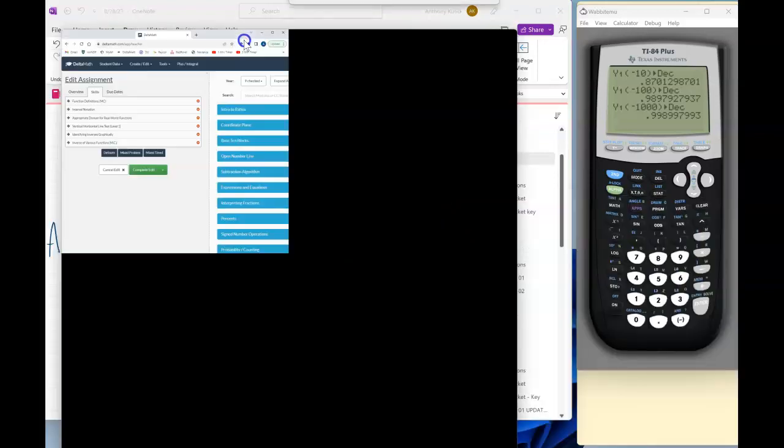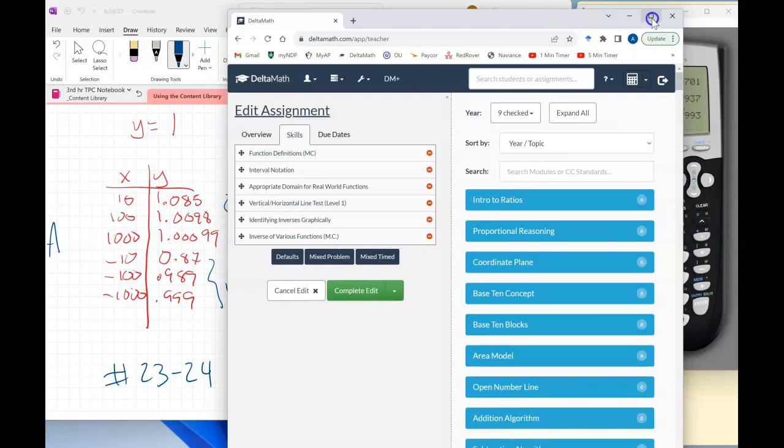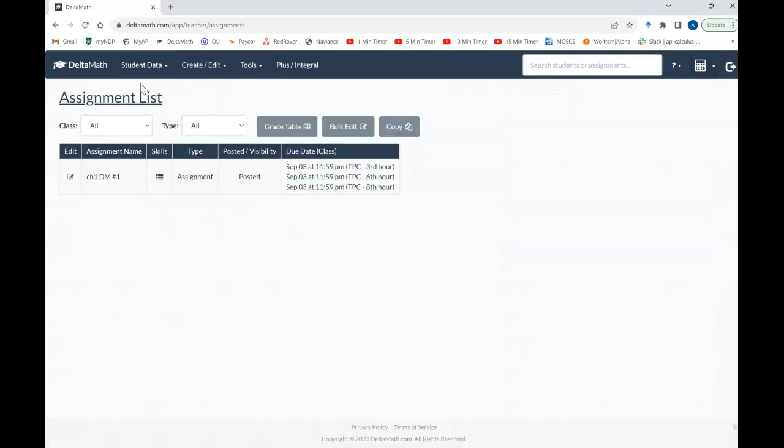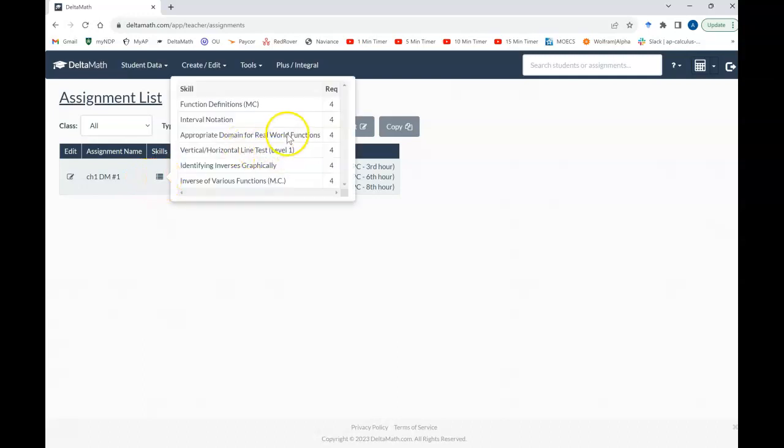I want to point out to you as well, I made a Delta Math assignment for us. Oh, yay, Delta Math. It's just called Chapter 1, Delta Math number 1. So there are, let's see, 1, 2, 3, 4, 5, 6 different types of problems. You have to do 4 correct.